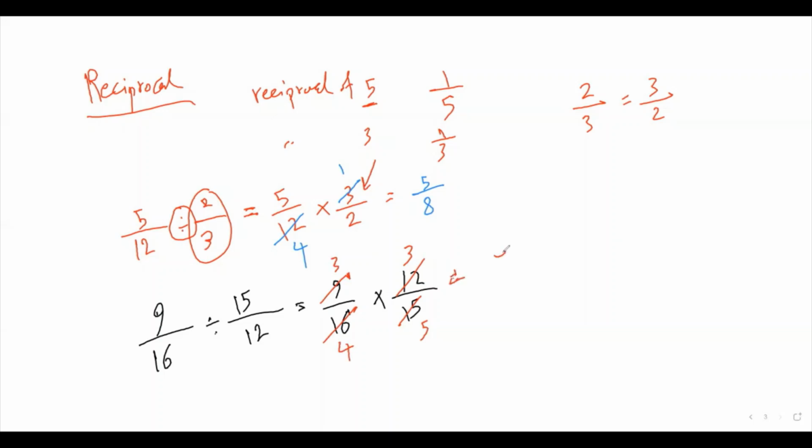And the final answer would be 45/... 9/20, and I believe you cannot simplify this further. So remember the term reciprocal and its use when it comes to dividing two fractions.